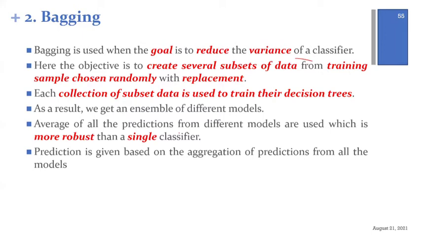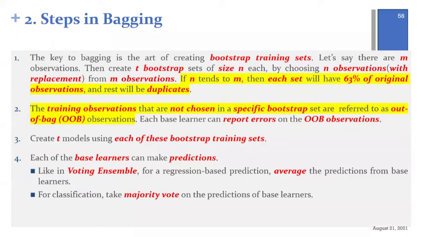They tend to perform better than an individual. And then the final prediction is going to be based on the aggregation of the predictions from all the models.